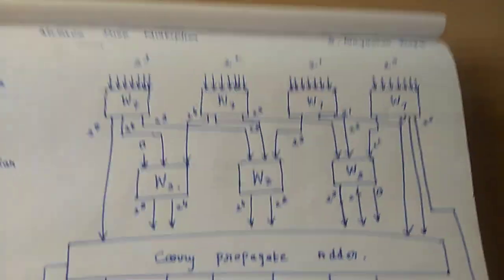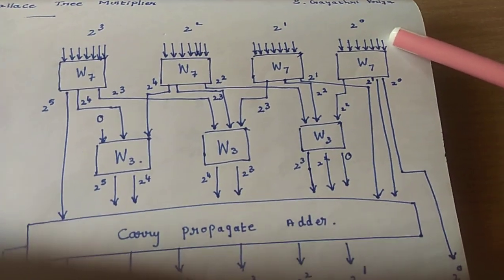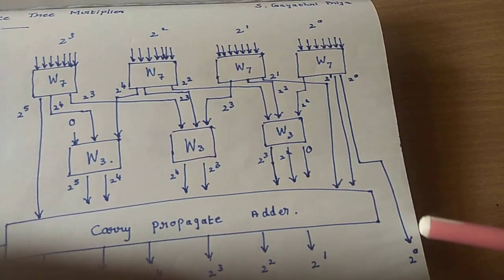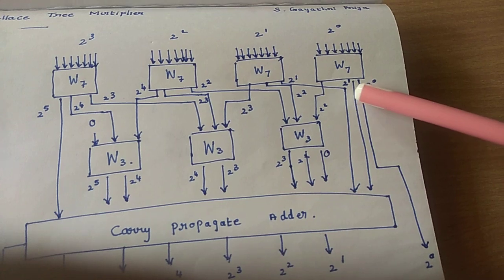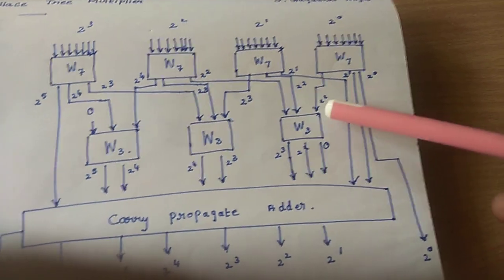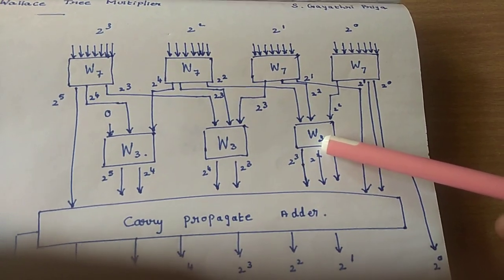Here, if you look at this W7, we have given 7 inputs, and the outputs are 2 power 0, which is extracted directly, and 2 power 1 and 2 power 2. 2 power 1 is given to the carry propagate adder, whereas 2 power 2 is again passed on to a 3:2 compressor.